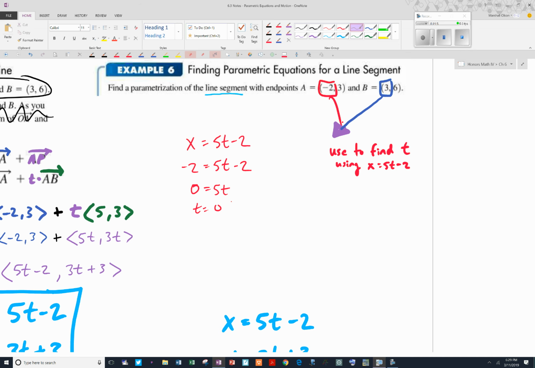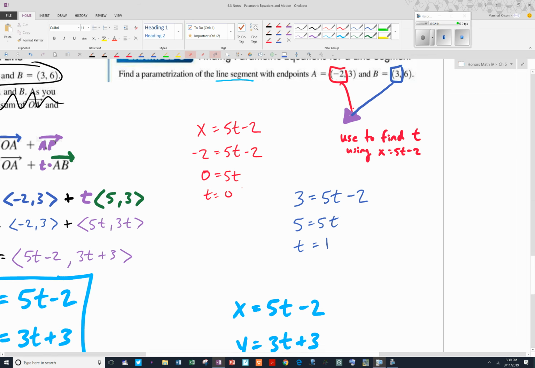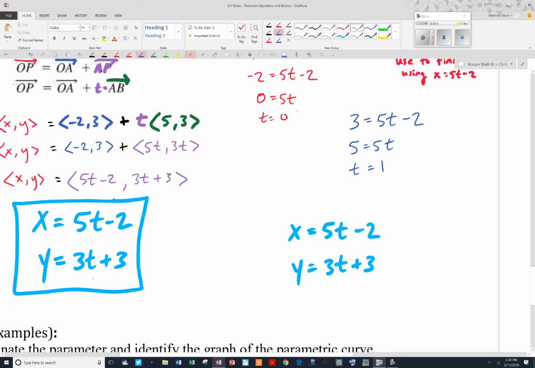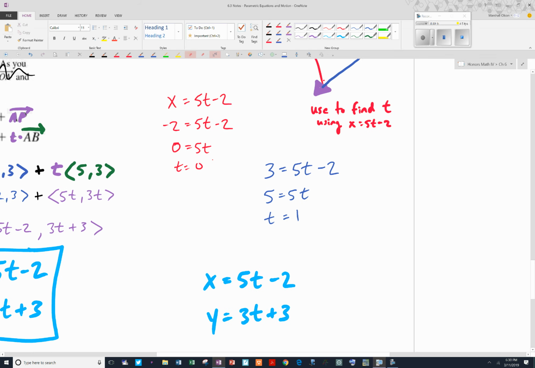The next thing that we're going to do is use our other x value, which is 3, to find out what t should be. So we have 3 equals 5t minus 2. I'm going to add 2 over, divide by 5, and I get t equals 1. So if t equals 1, I know that x would equal 3, and y should equal 6, which it does if you check that back into the y equation.